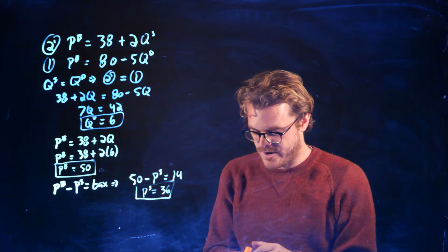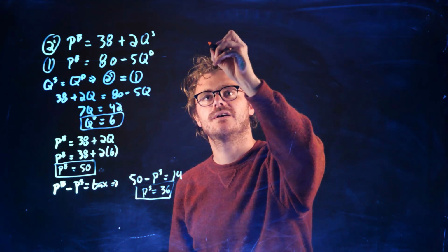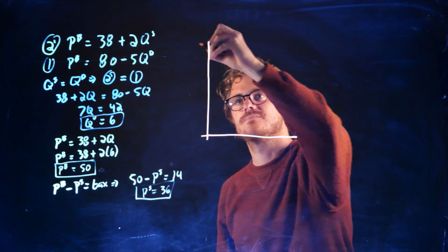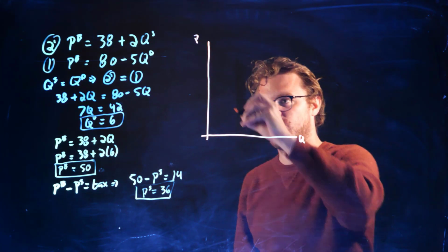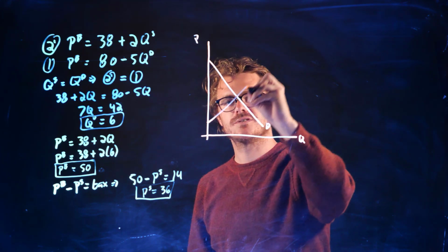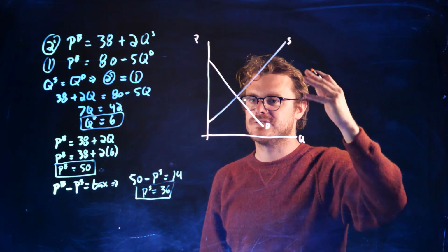So let's draw out what this looks like graphically. So now we solved for all the elements, but let's make sure we understand what we did. So here's our demand curve that started at 80. Here's our upward sloping supply curve. Again, this is not to scale.